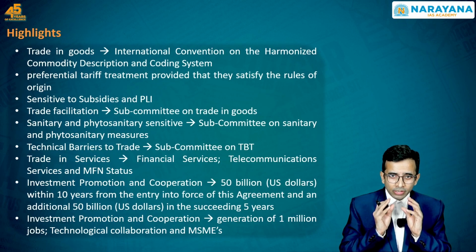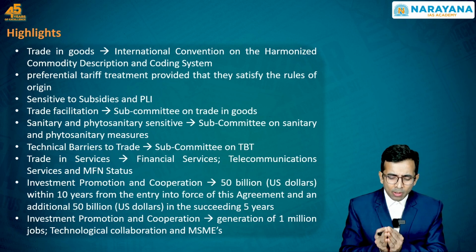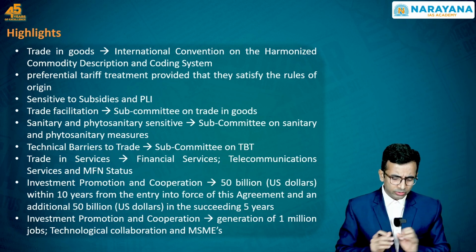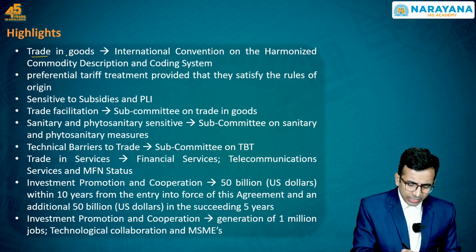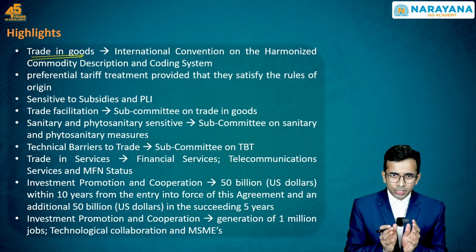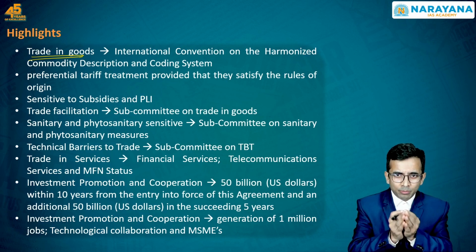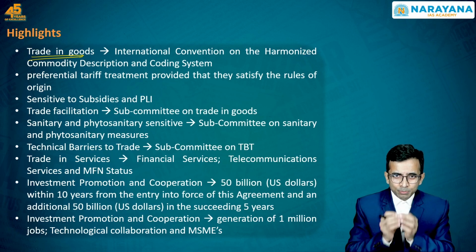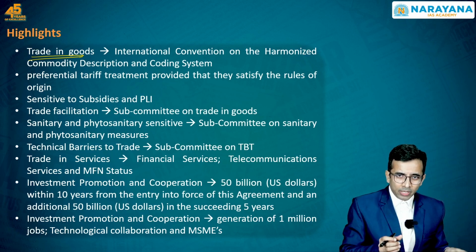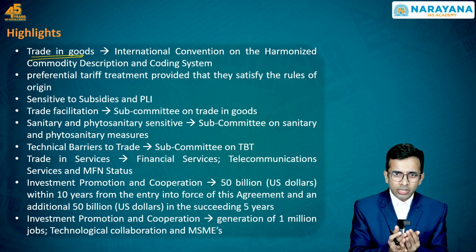This particular free trade agreement has significance on a number of aspects. What are those? Number one, it allows what is referred to as trade in goods. Now, if I say that trade in goods is allowed, how will I decide that a particular good can be subjected to trade, and that it is accepted across the regions of whoever are parties to this trade agreement?